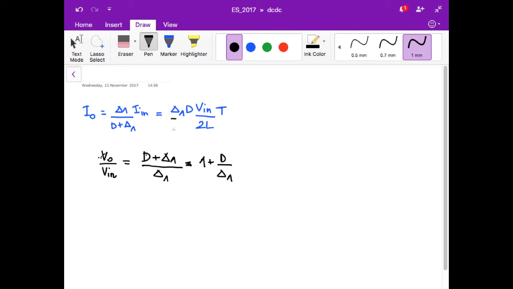We can divide by d and multiply by d, and then we can also divide by VO and multiply by VO. Okay.